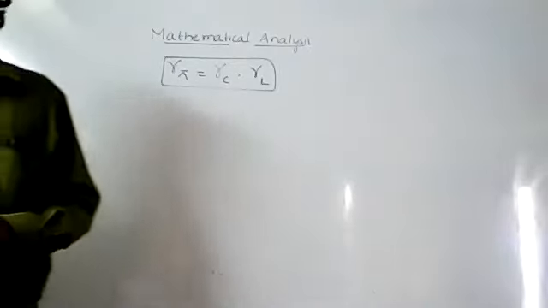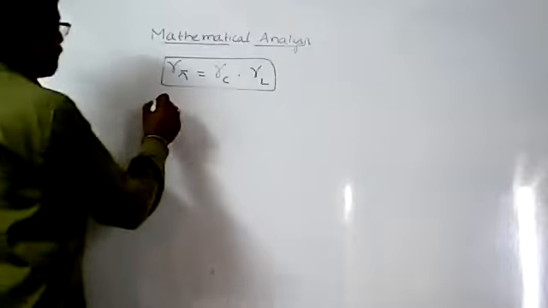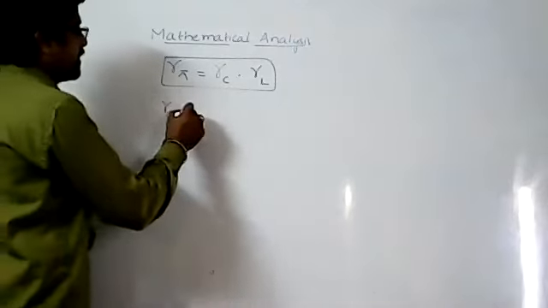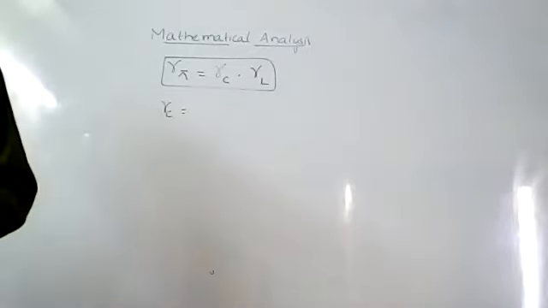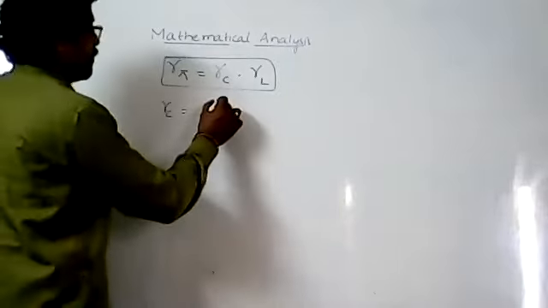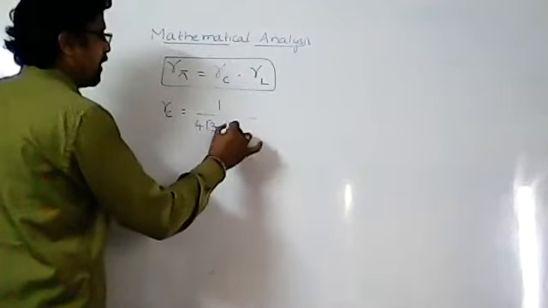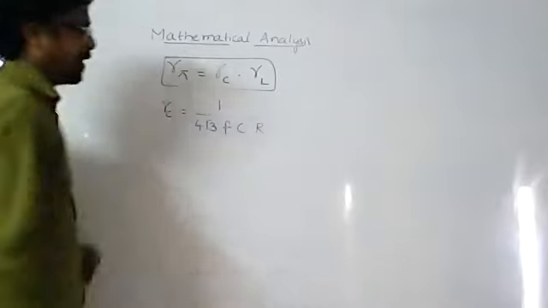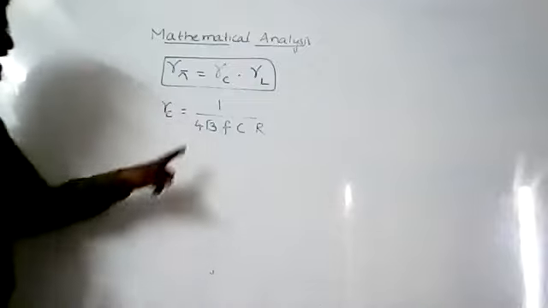So what did you get as the ripple factor of the shunt capacitive filter? If you have written it, just turn back and see. It is 1 by 4 root 3 FCR.